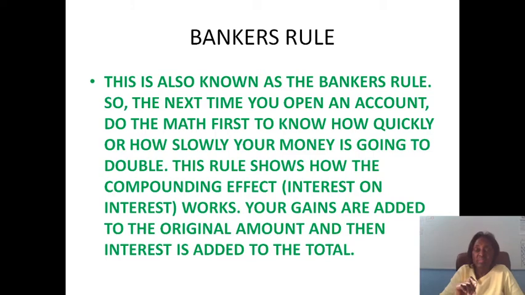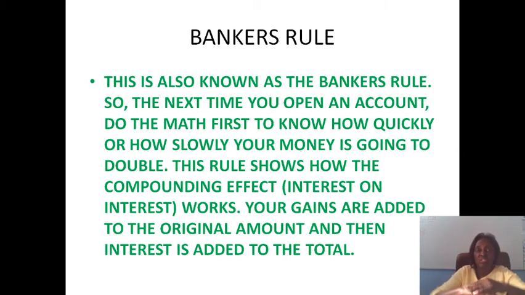I'm saying that because the Rule of 72 will work for you or it will work against you, if you don't get the right rate of return. The Rule of 72 shows how the compounding effect, which is actually interest on interest, works. Your gains are added to the original amount, and then interest is added to the total.